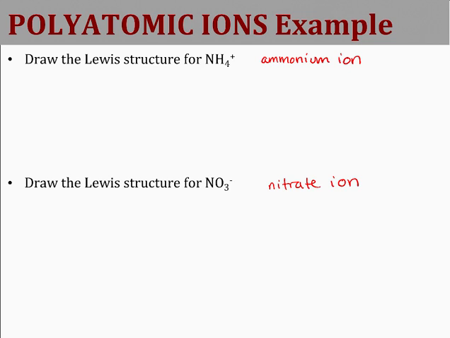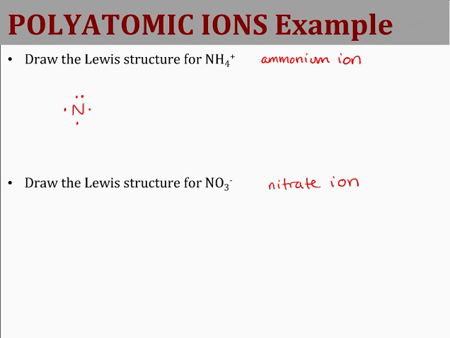All right, so starting with NH4, we have a nitrogen and 4 hydrogens. So each hydrogen only has one valence electron because it's in group 1. So it can only make one bond, whereas nitrogen has 5 valence electrons and 3 of them are unpaired.